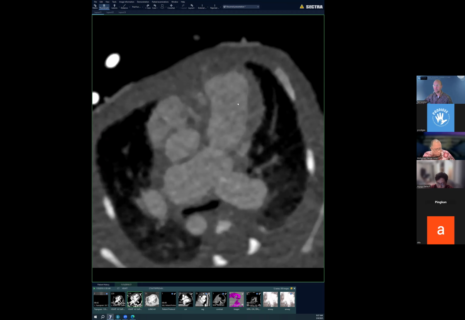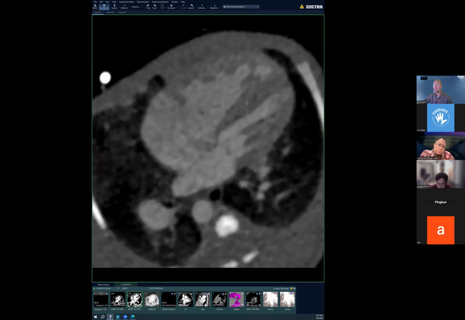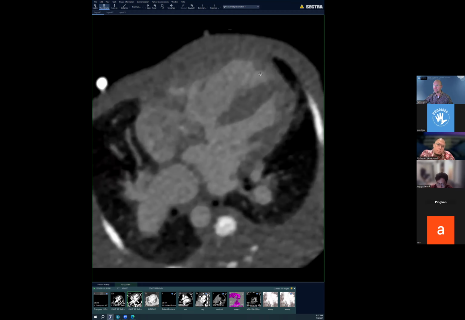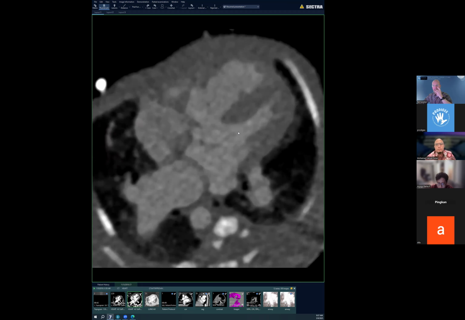Very dysplastic pulmonic valve with dominant regurgitation, large right ventricle with a little bit of hypertrophy. Remember that you will see a little bit of hypertrophy in these patients because the pressures will equalize between the left and right sided chambers because you have a non-restrictive VSD. A malalignment VSD is usually very, very large, and the pressures will equalize.